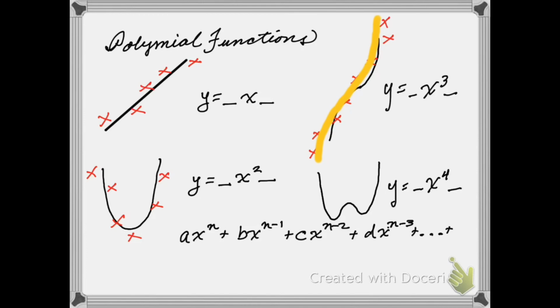And then all the way down to some constant, which I'll say z, some constant where there's no more variable. So this would be a way of identifying a polynomial function.